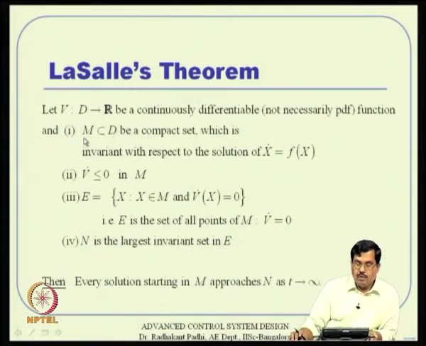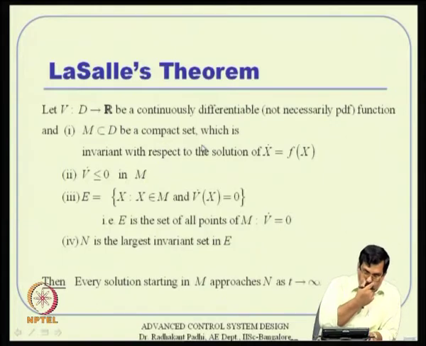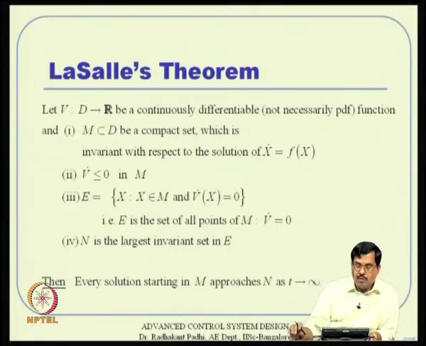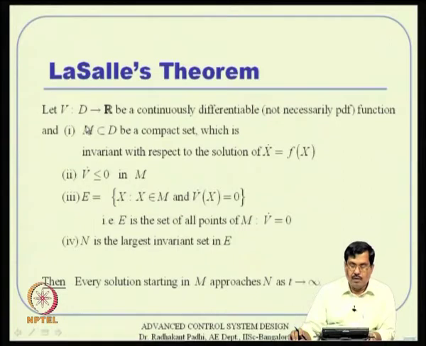First condition is there is a set M which is a subset of D and is a compact set. Compact is something like a closed and bounded set. Not only is it a compact set, but this subset M is an invariant set with respect to the solution. Once the solution enters M, it cannot leave. And within M, it is also true that V dot is less than or equal to 0.